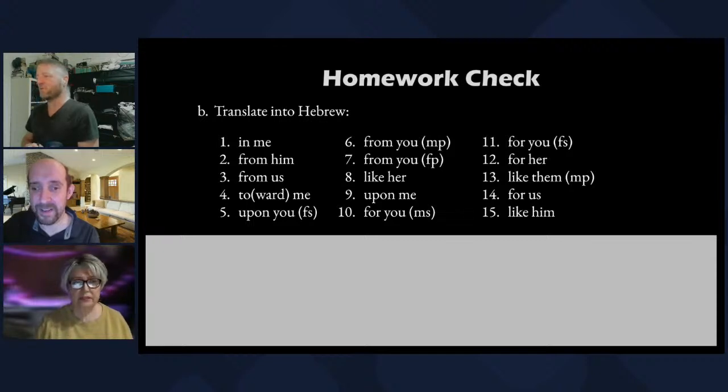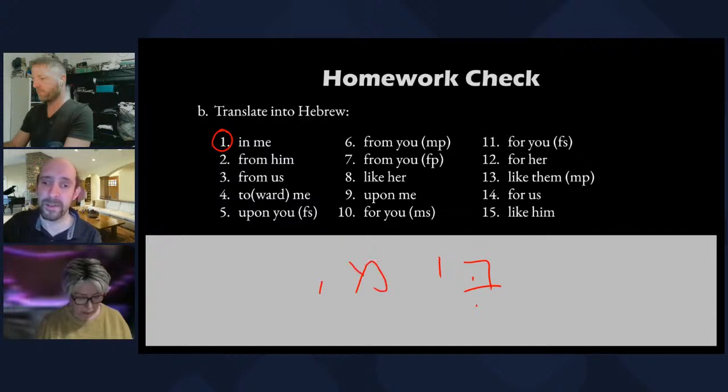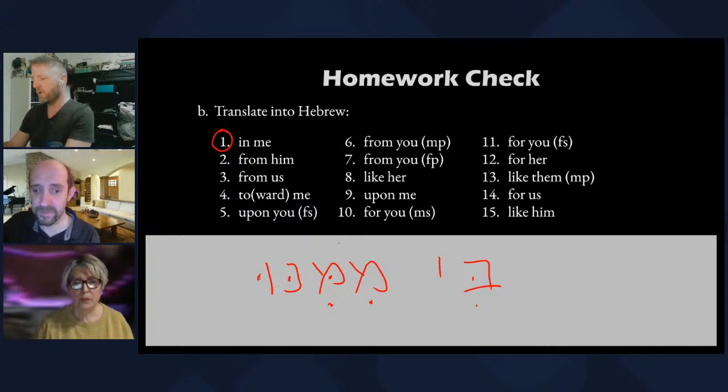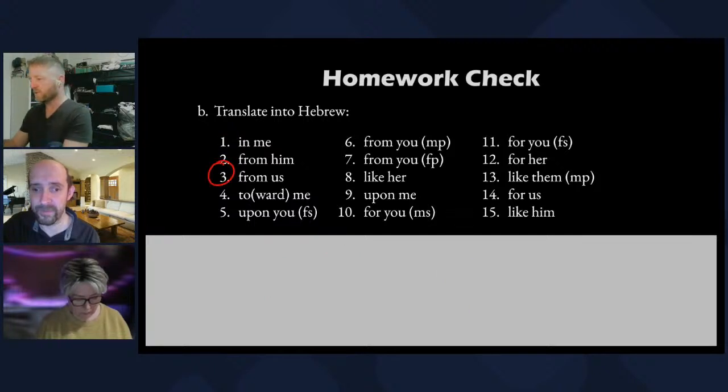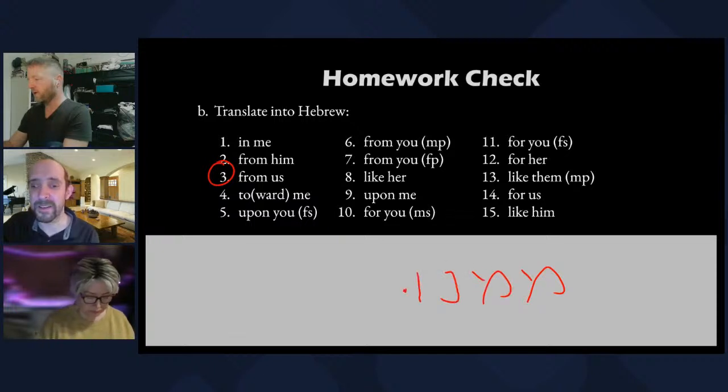So what do we got for number 1? In me. Be. Okay. From him. Mimenu. So this is min and who. Minhu is mimenu. Great. From us. Same thing. Mimenu. Oh my goodness.